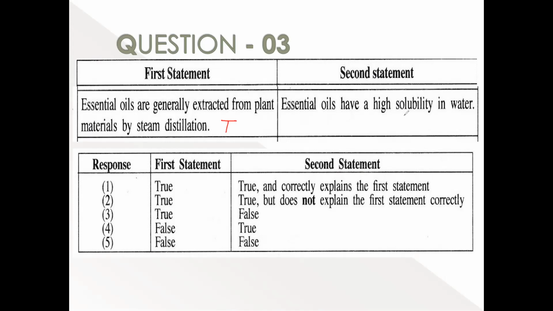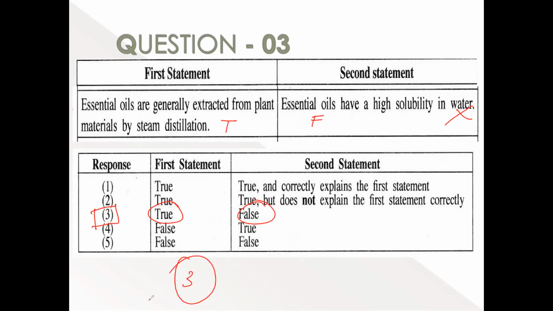Essential oils have high solubility in water? That is wrong. Why are we using the concept of steam distillation? The essential oil never dissolves in water, only then can you extract easily. So your answer is true, false. Answer number 3.